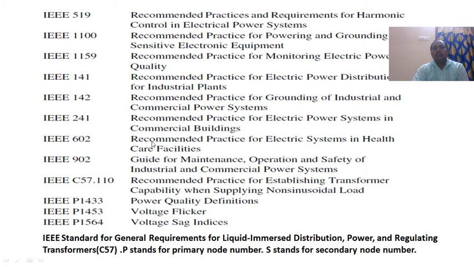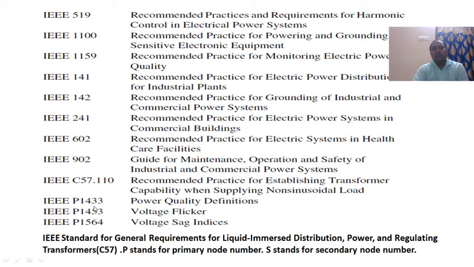IEEE 602 gives recommended practice for electrical systems in healthcare facilities. IEEE 902 gives guide for maintenance, operation and safety of industrial and commercial power systems. IEEE C57.110 is the recommended practice for establishing transformer capability when supplying non-sinusoidal loads.